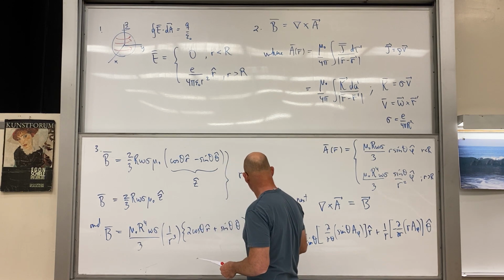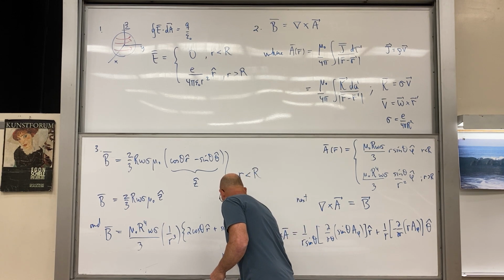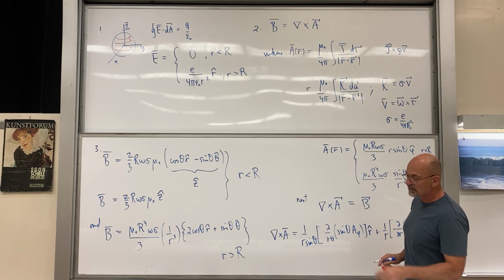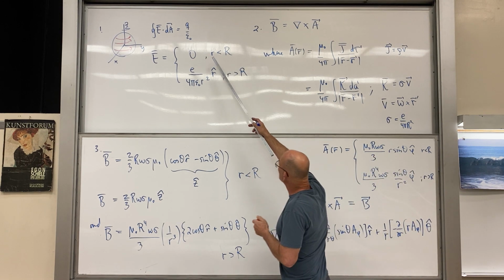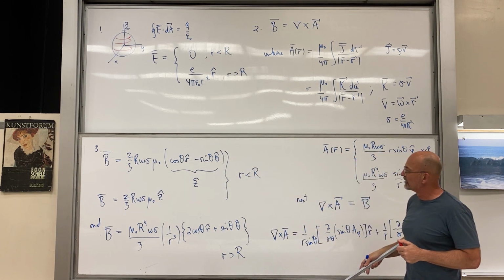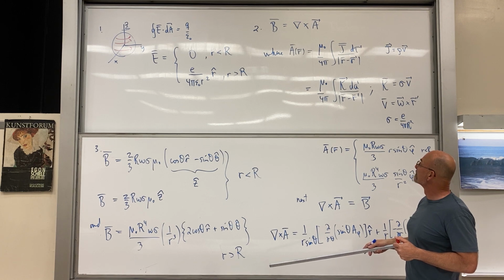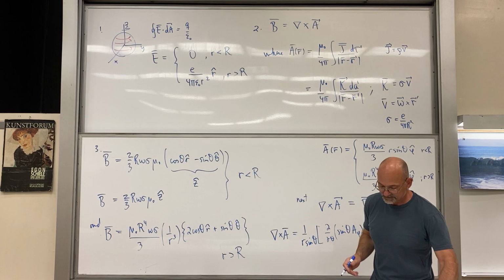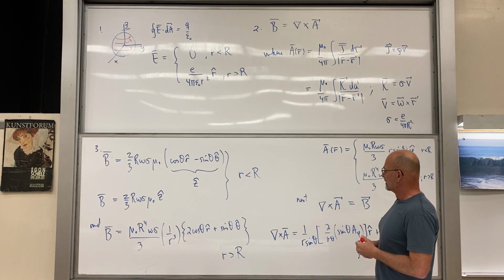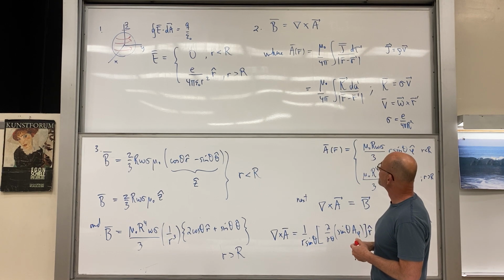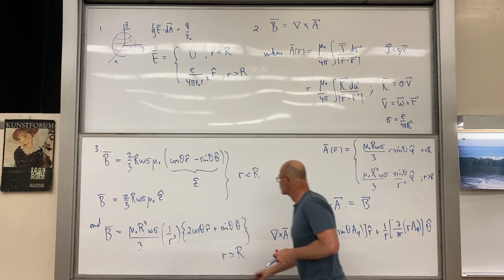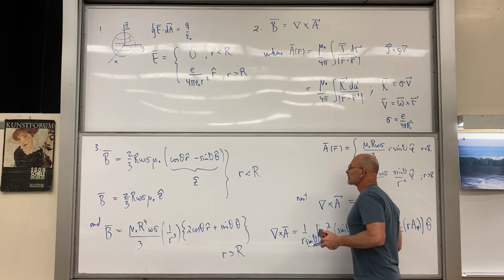Okay. And this one is for r greater than the radius. So we now have all of our fields. We've got the E fields and we have the B fields. And now we can go to calculating these energy densities and these other integrals that we want. Okay. So we'll send this one out.